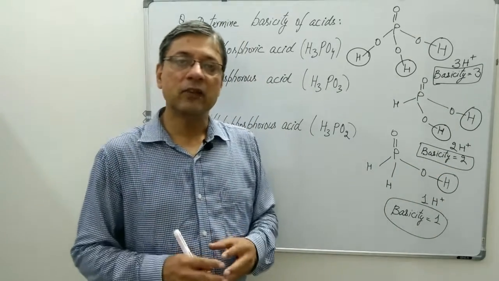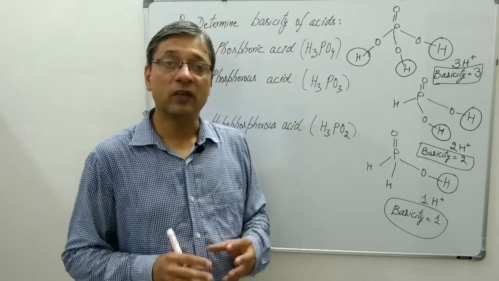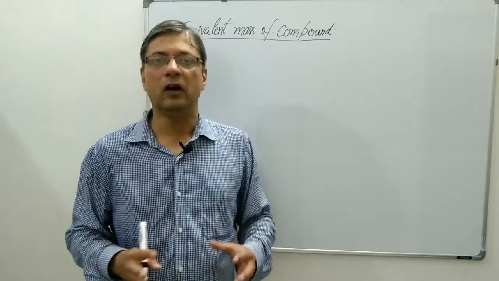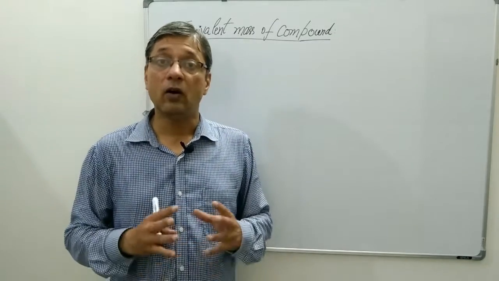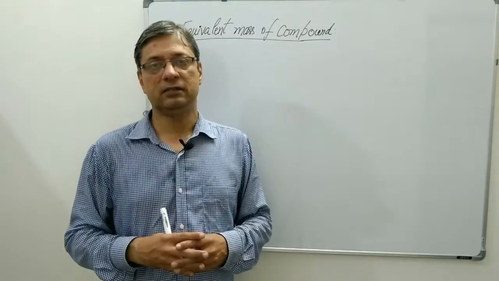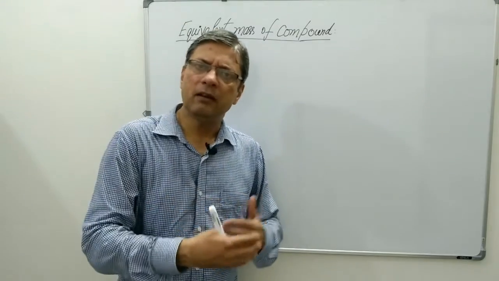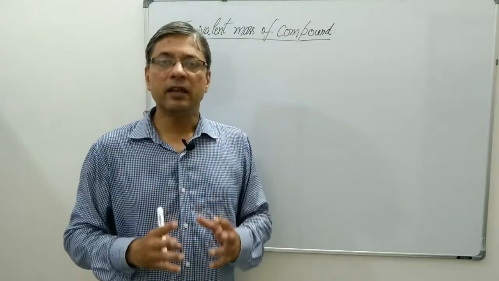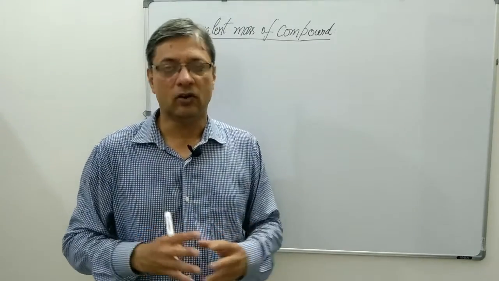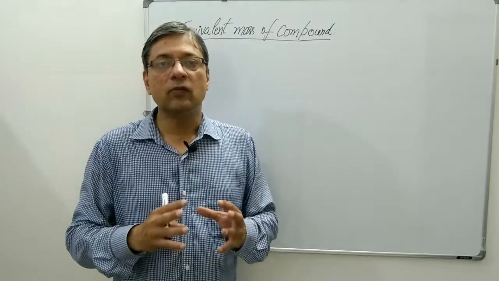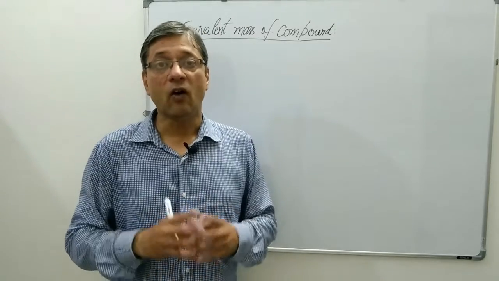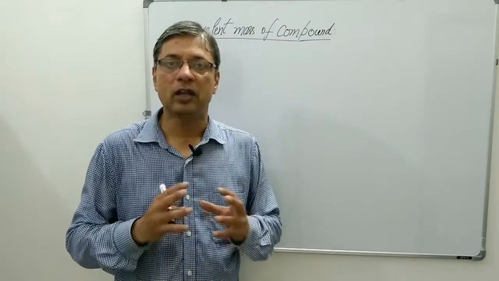Next is equivalent mass of a compound. A compound may be ionic or covalent or made of radicals. About these we will be learning in later chapters. Here we will concentrate on calculating the equivalent mass of an ionic compound.